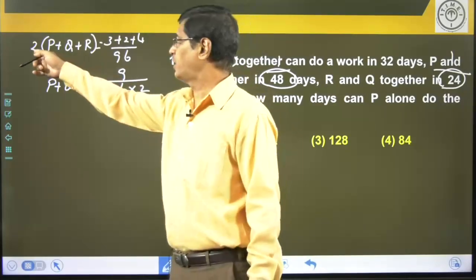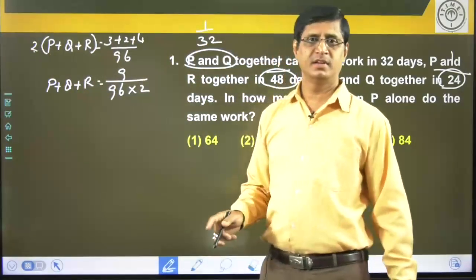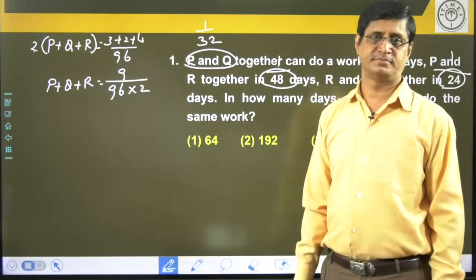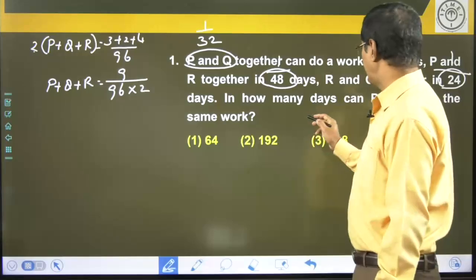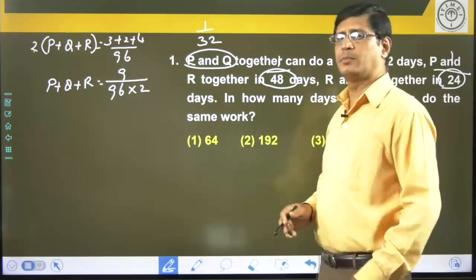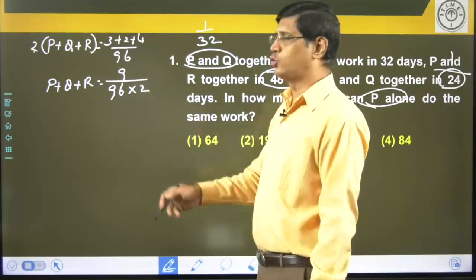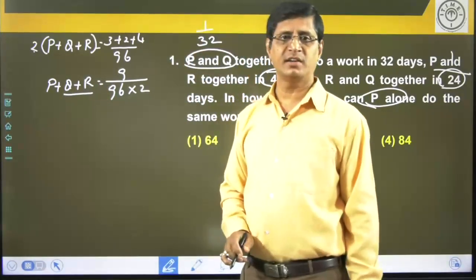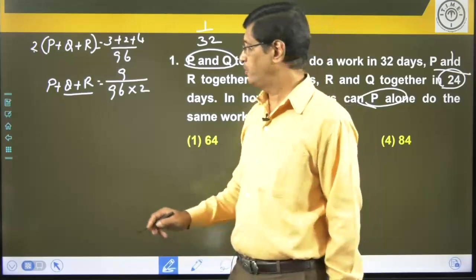Into 2 means I am taking this to the other side. That is the 1 day work of P plus Q plus R together. And he is asking to find out P alone can complete the work in how many days? This is the all together value. From all together, just subtract Q plus R to get the value of P.